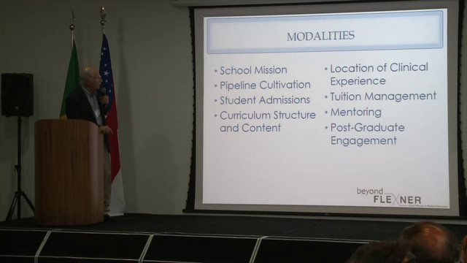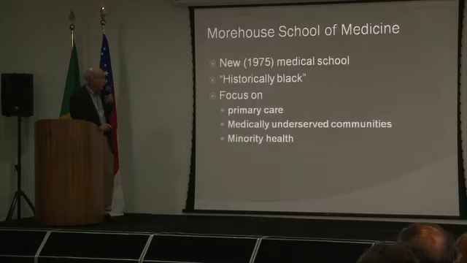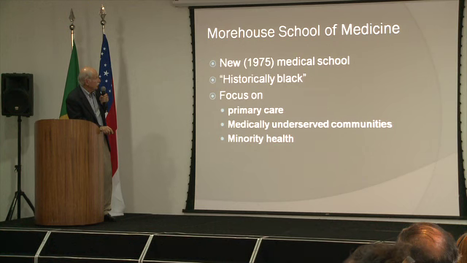So in the Beyond Flexner study that Dr. Kaufman described, they looked at these 8 characteristics. And so let me tell you a little bit about Morehouse and how we fit into those 8 characteristics.